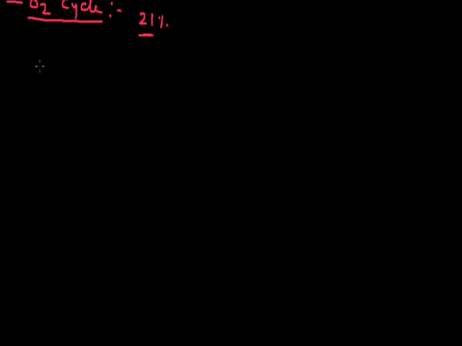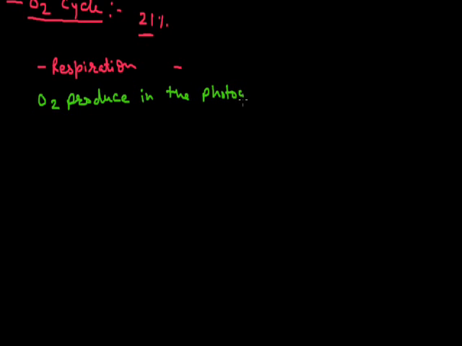O2 is utilized during the respiration process and it is produced during the photosynthesis process, during photolysis of water.